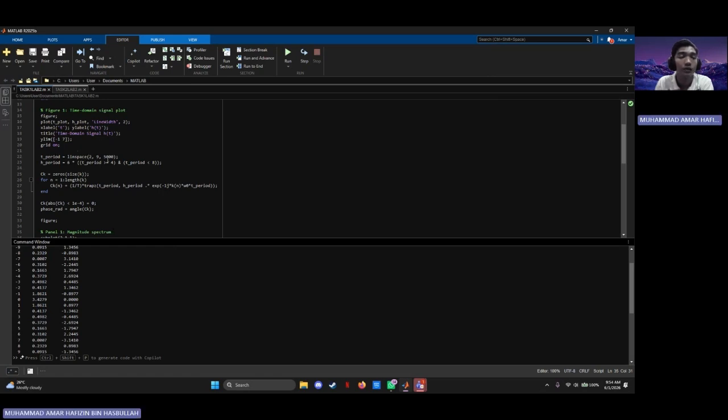This specific code ensures the pulse from 4 to 8 seconds is completely captured.